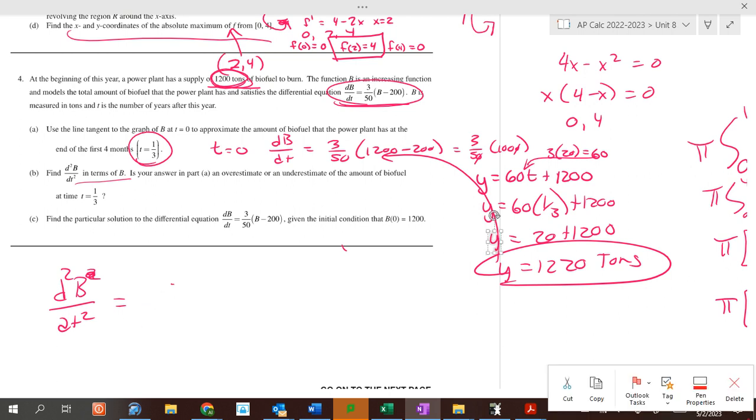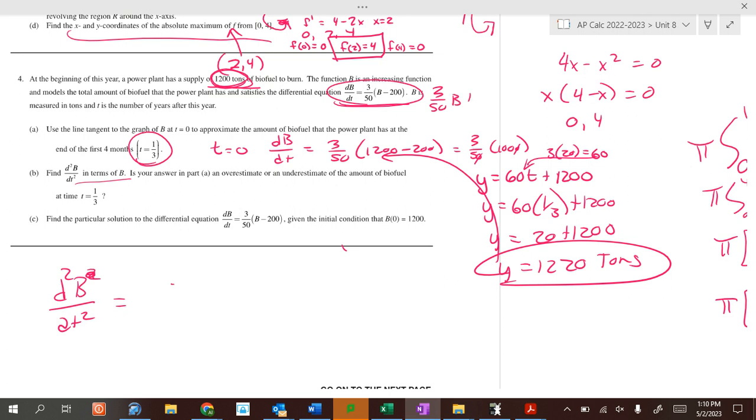If we distribute, it's 3/50 B minus 200 minus 12, right? So if we take the derivative of that, 3/50 would be the second derivative, right? 3/50.